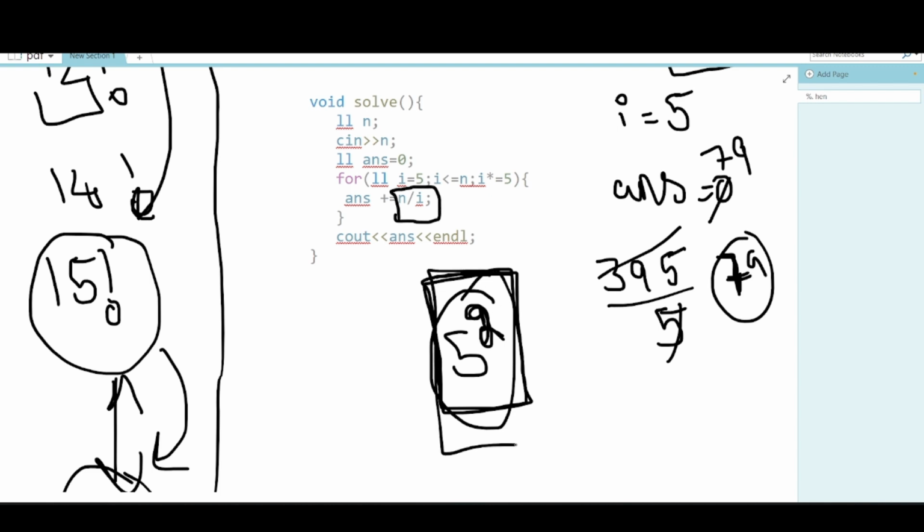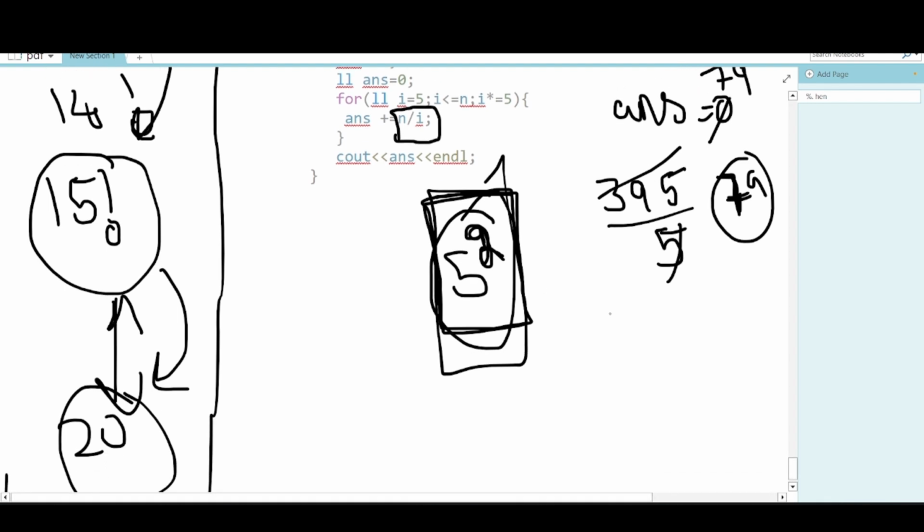So if I divide by 25, let me check, 395 divided by 25 is 15.8, so nearly 15 it is giving me.